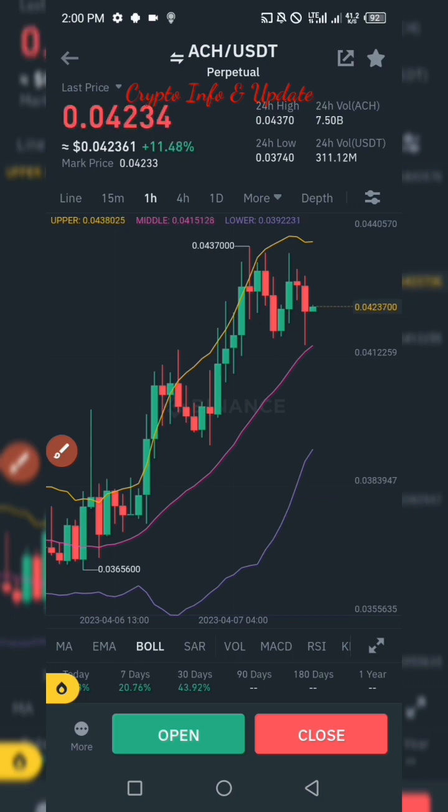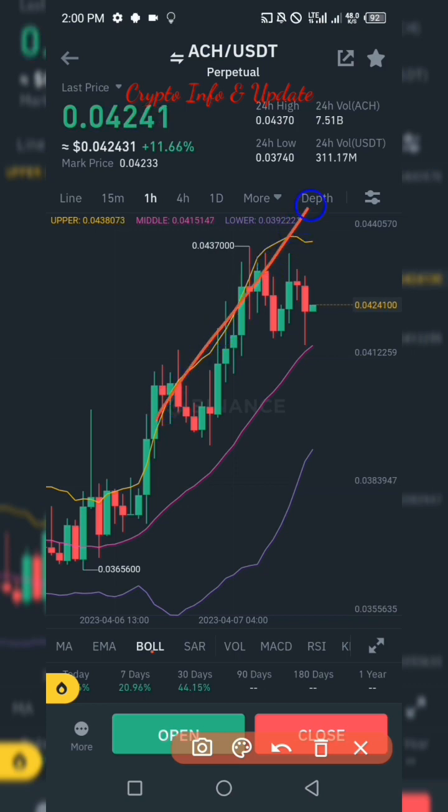Once you click on it, you will see these lines: this upper band, this middle moving average, then this lower band. So it means your Bollinger Band has been activated.